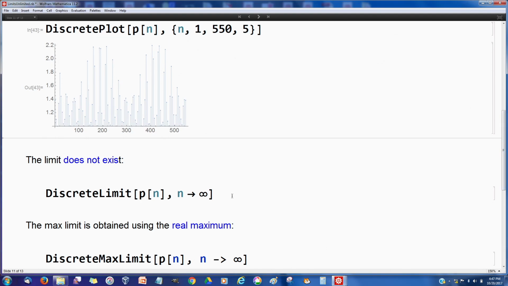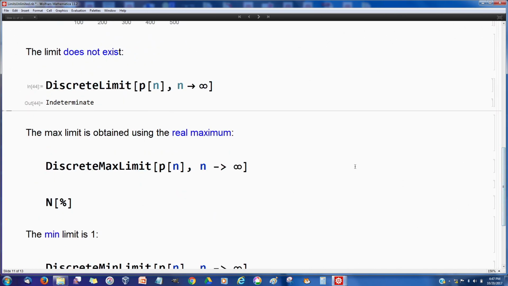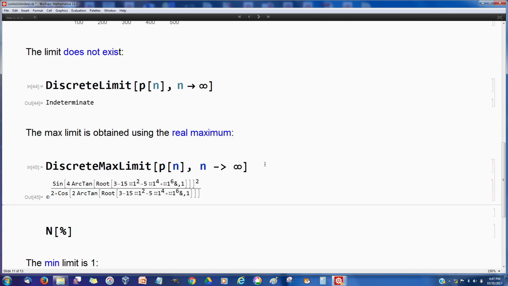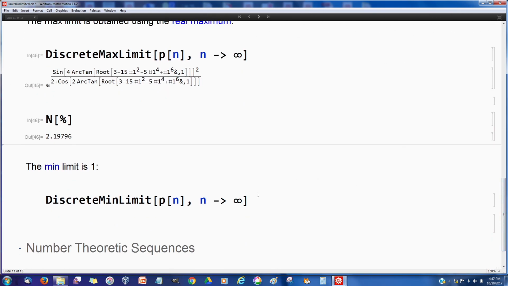So, the discrete limit does not exist. But using Adams' technology for max and min, we can simply forget the fact that n is discrete for a few minutes and get exactly the same answer that you would in the continuous case. So that's the idea of passing from discrete to continuous when required. And of course, in this example, the min limit is just 1.